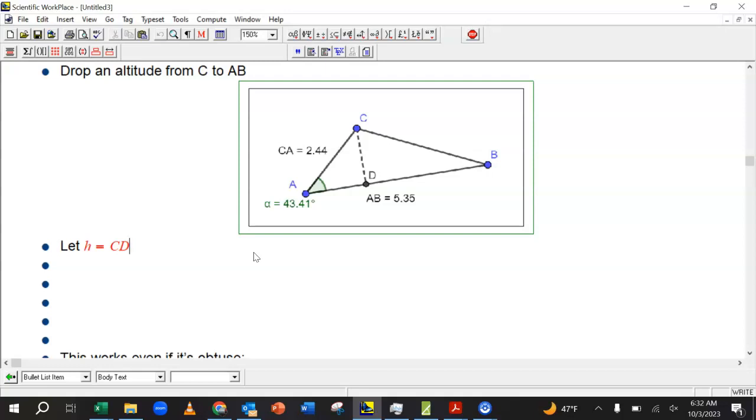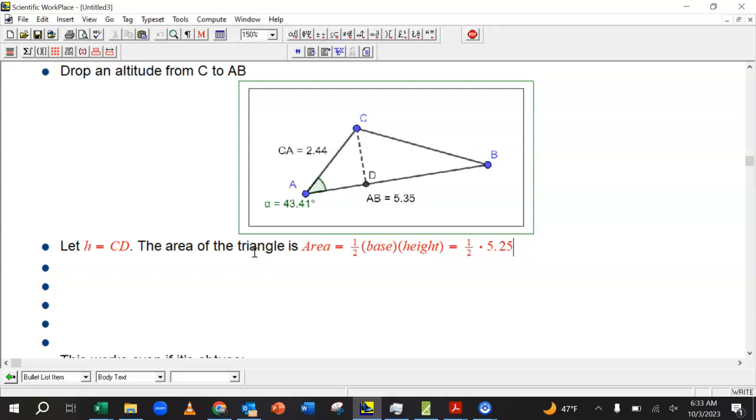And we're almost going to be done once we get the height of the triangle, because the area of that triangle, soon we're going to be doing even more complicated area stuff, but right now we just know that the area, let me just call it area, is 1/2 base times height. And that's going to be 1/2 times 5.35 times H.